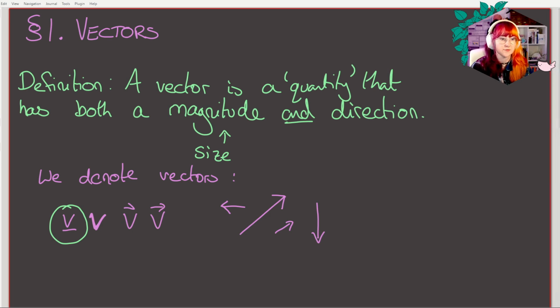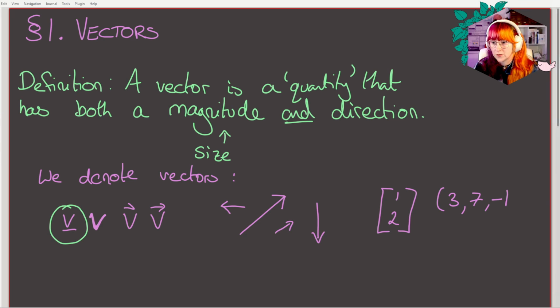And then finally, you might also see them as lists of numbers. So if I write a list, I can do vertical vectors, called column vectors, and row vectors. Like, say, 1, 2, we might do 3, 7, -1. And the style of bracket does matter depending on what notation you prefer.